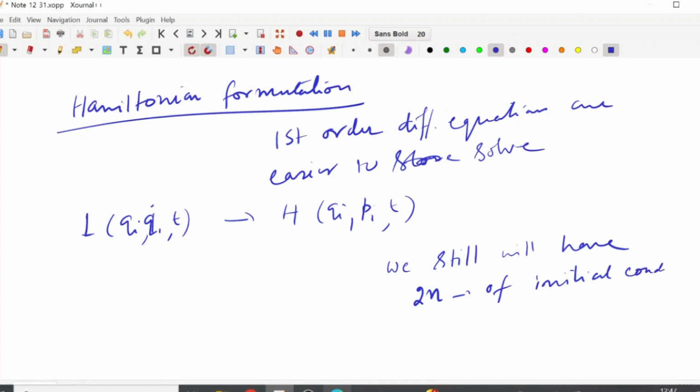But now, if my equations are first order, then the number of equations will be 2n, because one first order differential equation solution contains one unknown variable. So, as we have 2n unknown variables in the theory, we need 2n first order equations.